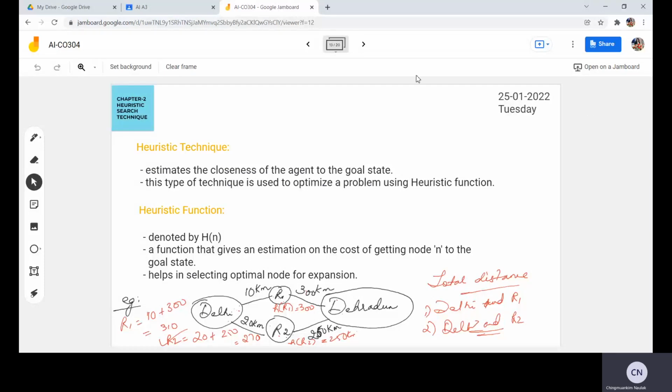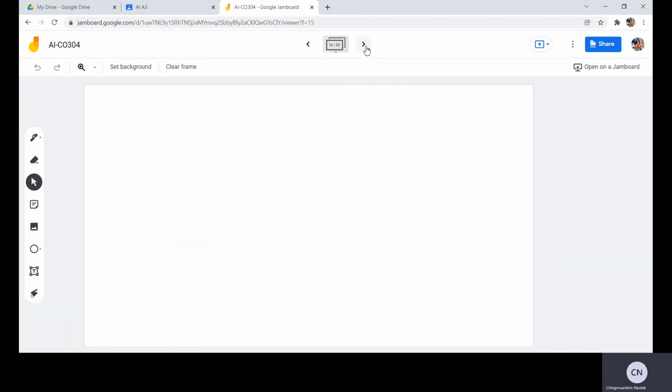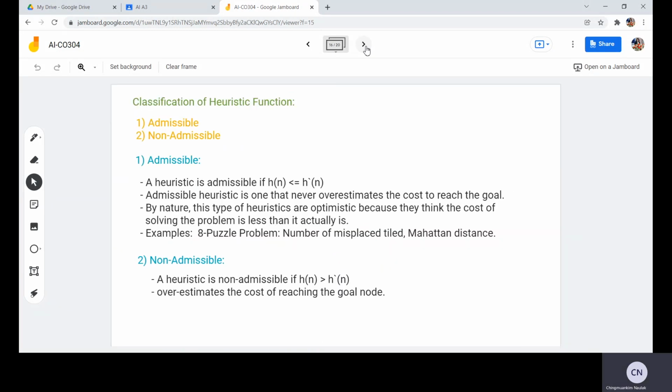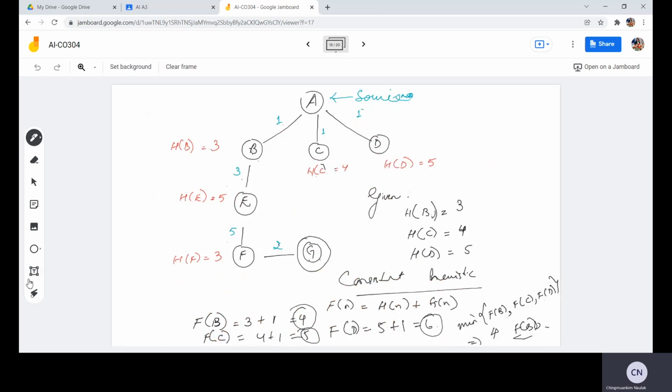In the last class, we talked about heuristic techniques and heuristic function, and we have the classification of heuristic function. There we have admissible and non-admissible, and we also explained what admissible and non-admissible is with an example.